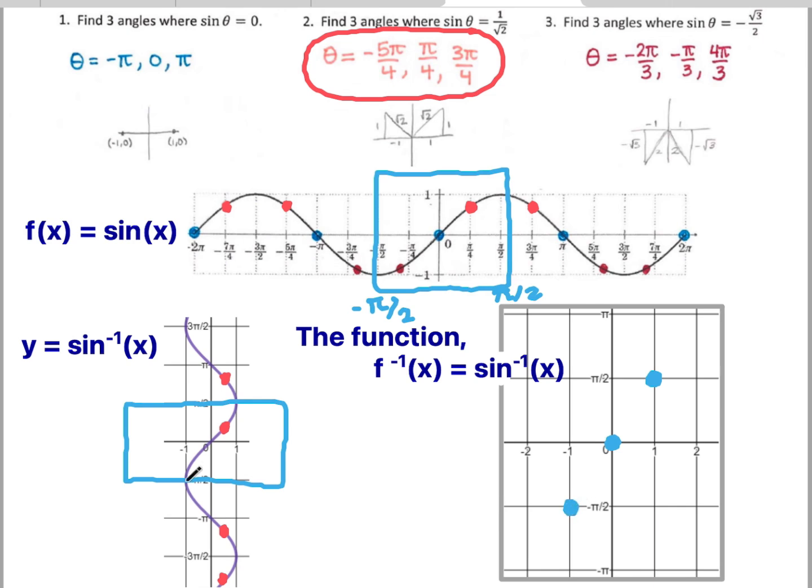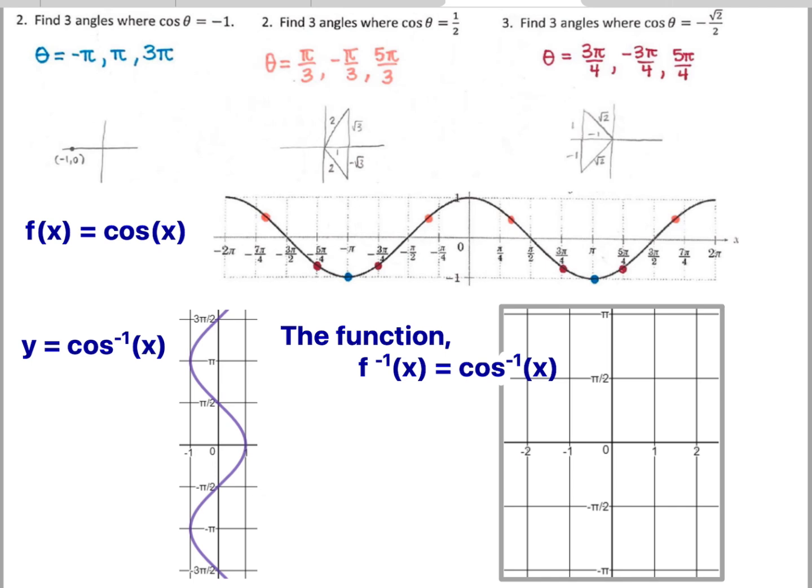Just like this one does a sort of curve, that's the same curve that this will have. So that's a piece of a vertical sine curve, but we've only taken a chunk of it so that this passes the vertical line test. Now we can officially call that a function. That is the official graph of the function inverse sine of x.